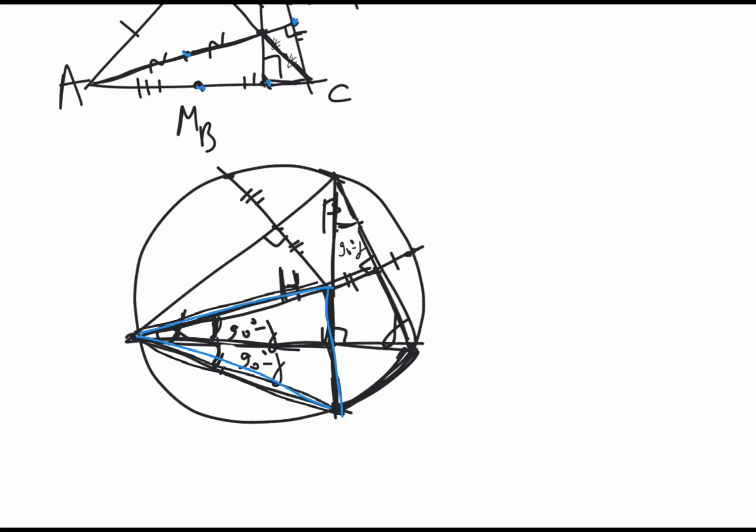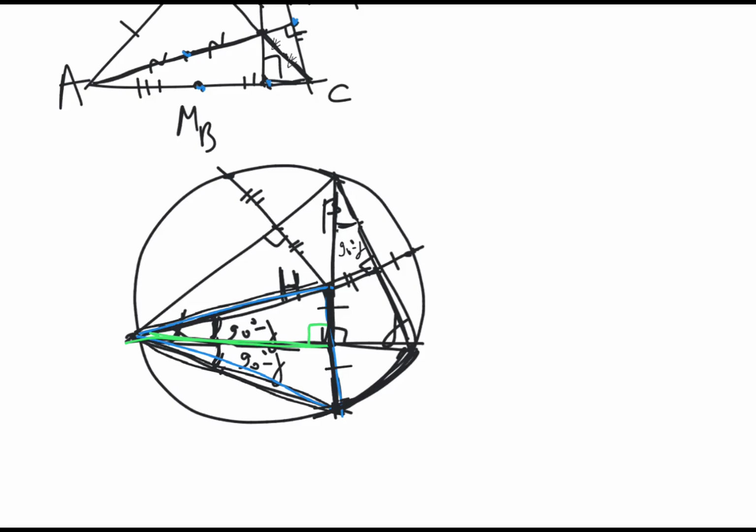So this is a bisector and also an altitude. Therefore it's an isosceles triangle, and this is also a median. So these segments are equal to each other, and this exactly means that the symmetrical reflection of the orthocenter lies on the circumcircle.